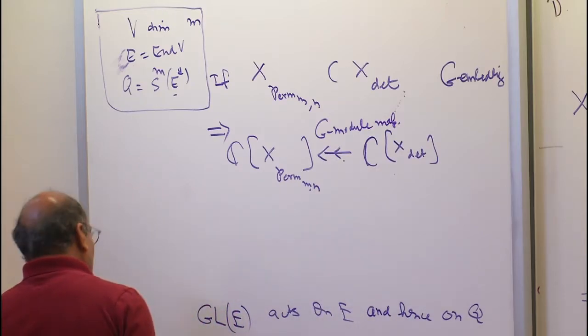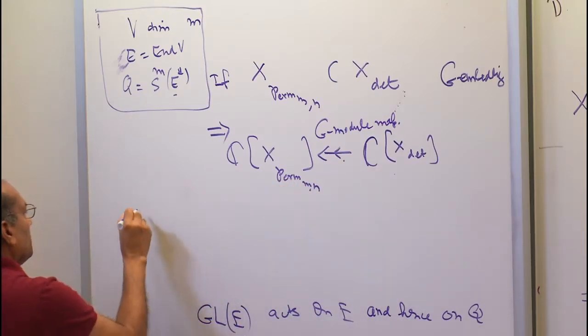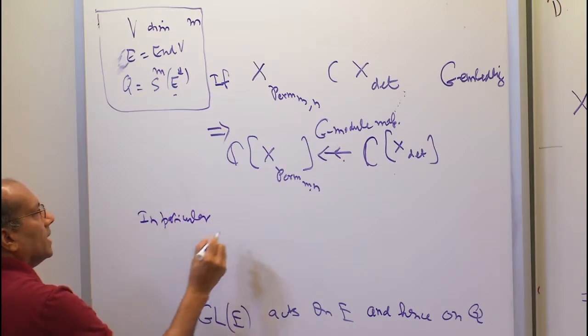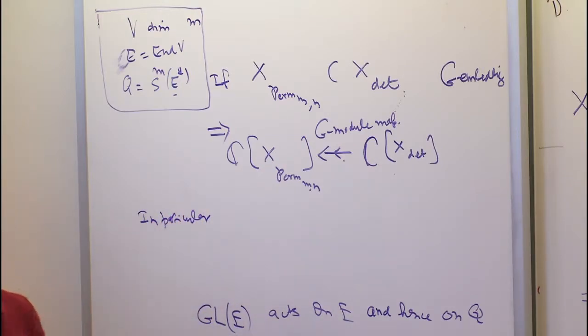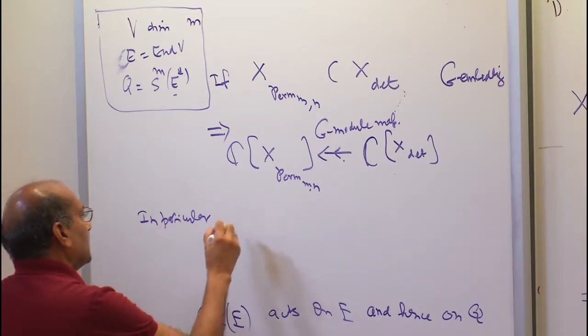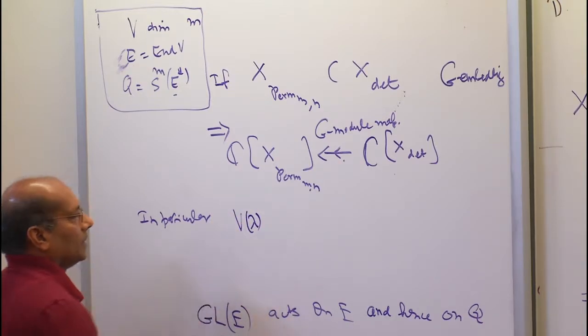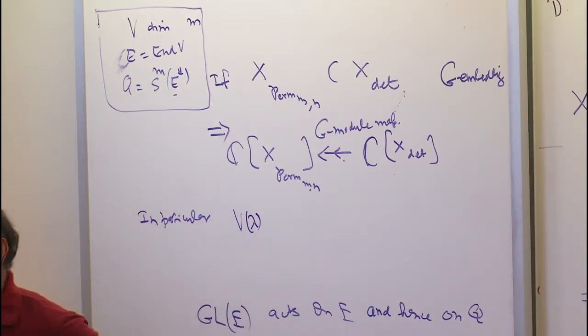So in particular, if this is surjective, then if I take any representation of G, keep in mind that G is GL(E), so V lambda, where lambda is a partition into at most M squared parts, because we are taking G of GL(E) and E is M squared dimensional.